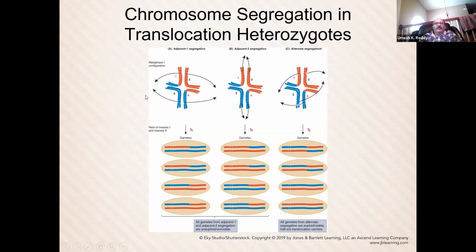That means the pull is happening sideways. This is adjacent two, where these 2 chromosomes go to one pole, these 2 chromosomes go to the other pole, and then the cells will form. One will have normal chromosome, one will have translocation chromosome, and then all the 4 gametes that result from the meiosis will have translocation.